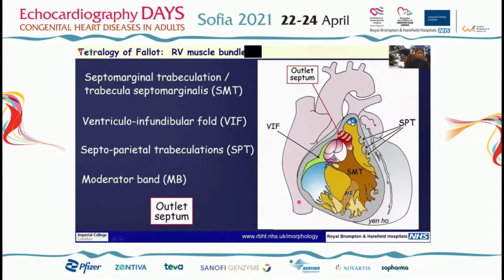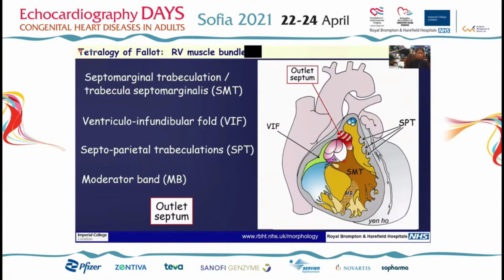Looking into the right ventricle, there are various muscle bundles that contribute to this lesion. But first of all, this diagram shows a ventricular septal defect with the aortic valve just behind it. The muscle bundles of significance in the right ventricle are the structure here, the outlet septum, which is tilted in an anterocephalad direction. And over here, septoparietal trabeculations, which also contribute to the subpulmonary muscular obstruction.